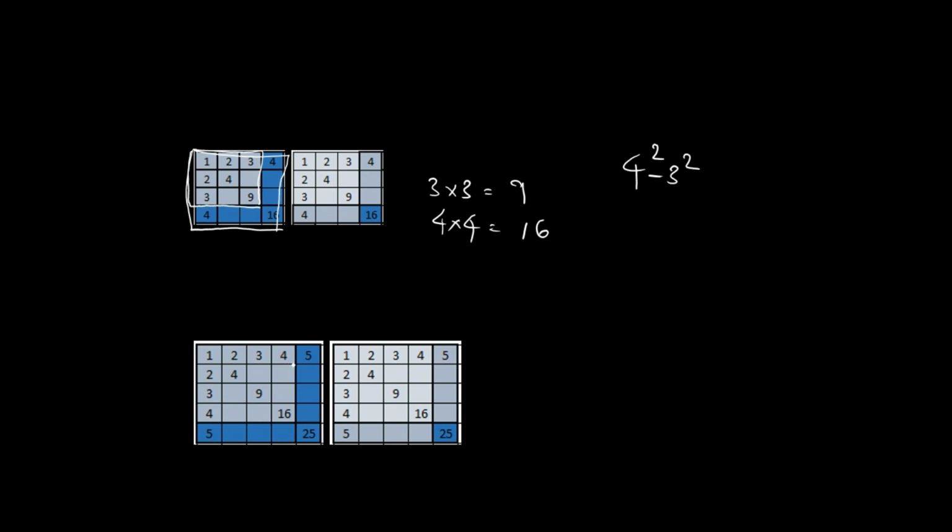Consider 3 as x. (x plus 1) square minus x square. We know the formula, right? (a plus b) whole square is equal to a square plus b square plus 2ab.